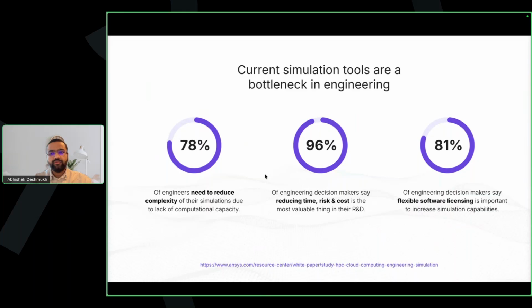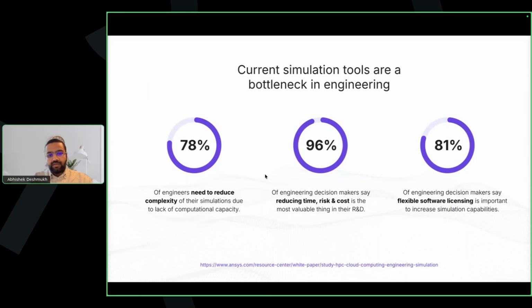For example, reducing 3D to 2D using some kind of symmetry rules or axisymmetry, or even 1D, if I want to run some simulations quickly and I want to run thousands of them, then that's the necessity.